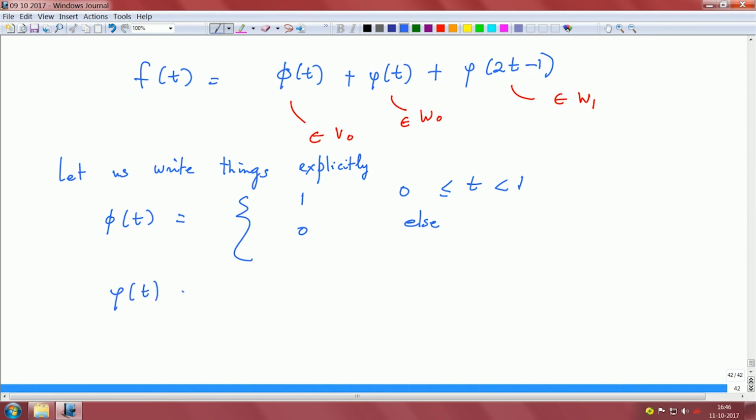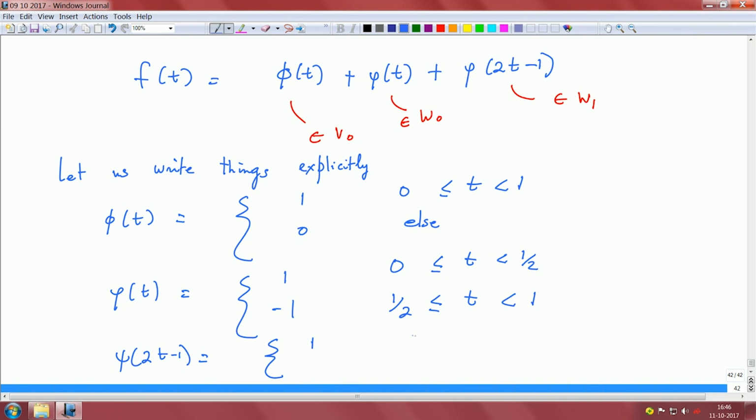Now, this psi of t is 1 for 0 less than or equal to t less than half, minus 1 between half and 1, and psi of 2t minus 1 is 1 from half less than or equal to t less than 3/4 and minus 1 from 3/4 less than or equal to t less than 1, and I have to put a 0 else here just to be consistent.